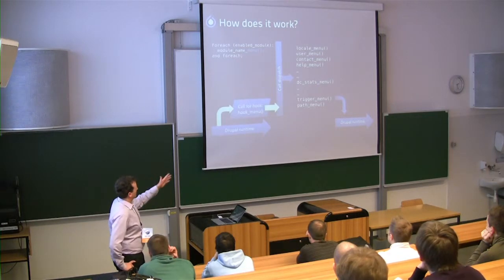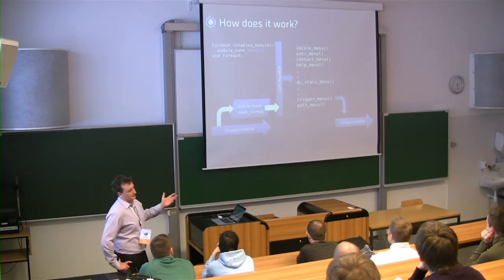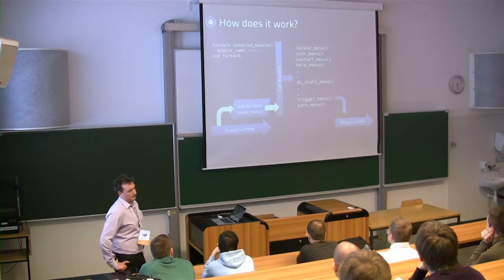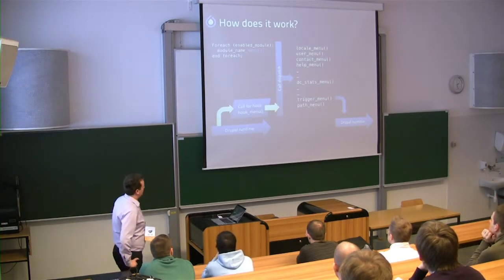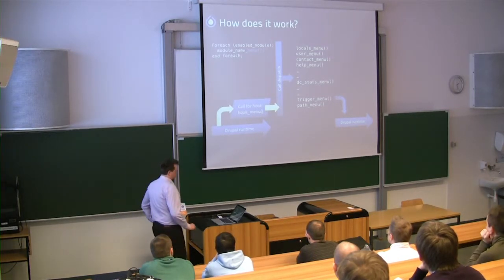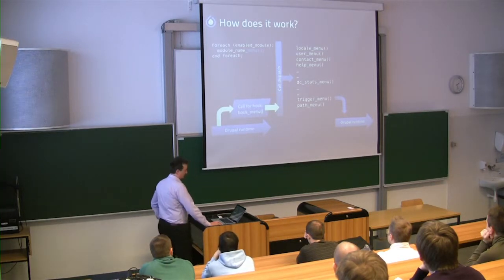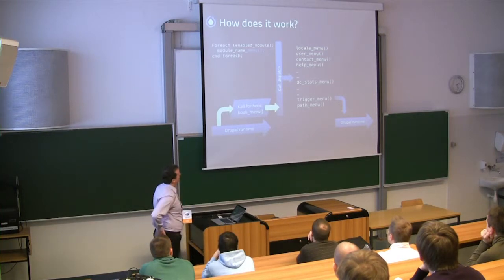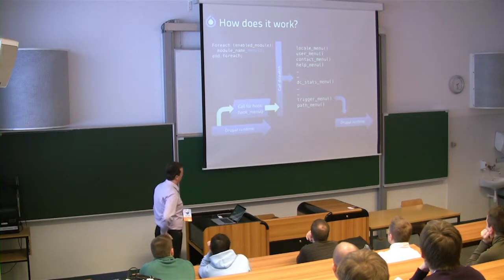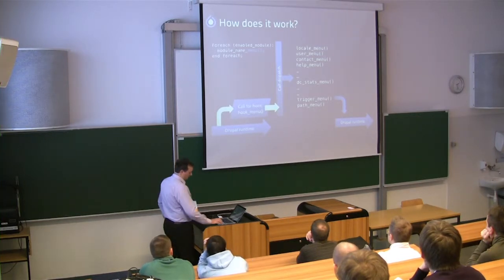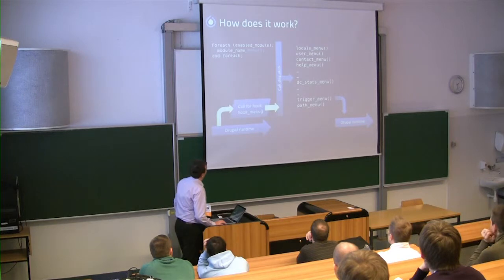So when hook_menu gets called, every module that contains this hook_menu function is called, and in some cases also returns some data, in some cases doesn't return anything. It really depends on the hook. Here, for example, we have modules called locale, user, contact, help, trigger, path, and each of these modules is applied for that hook.